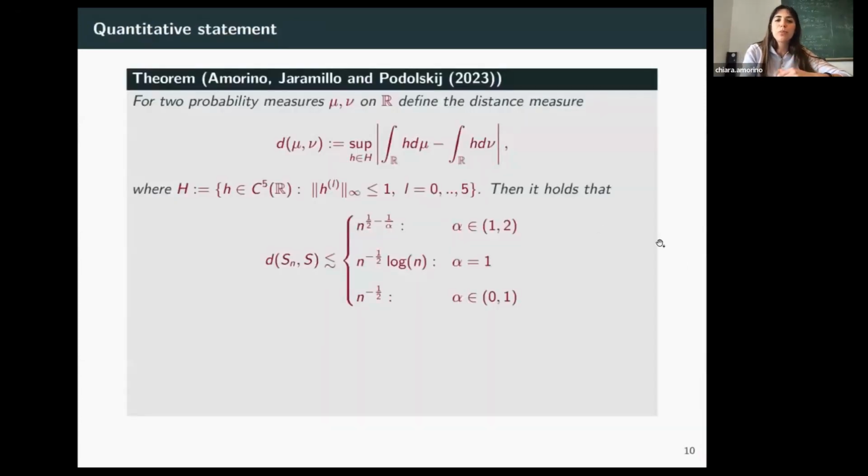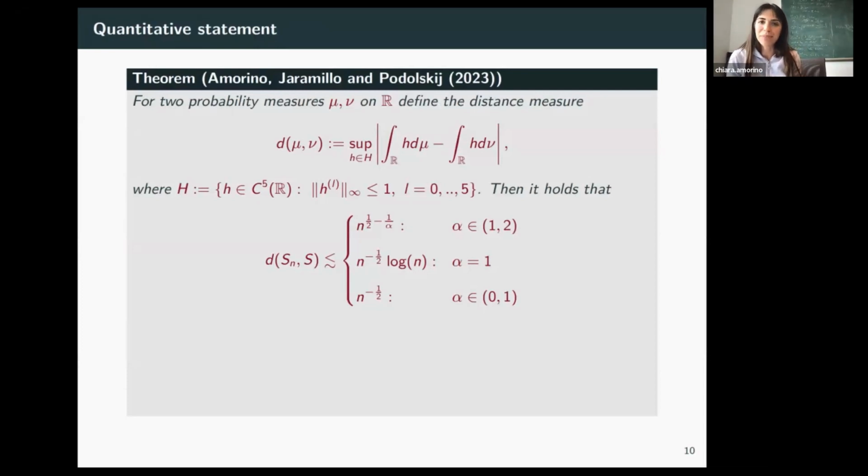So what can we do? Well, here is the answer about how fast the convergence is happening. Again, in this talk we are just considering the easier case where you have a symmetrical alpha stable process.